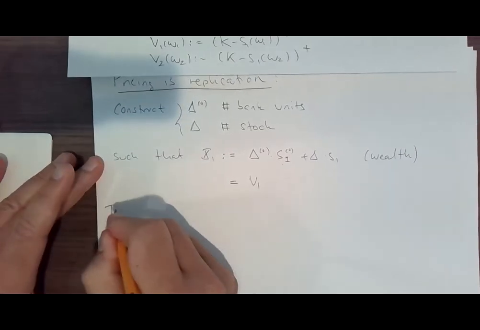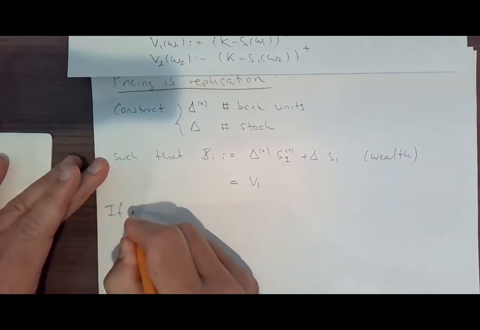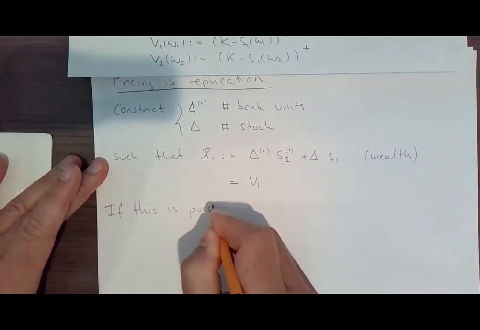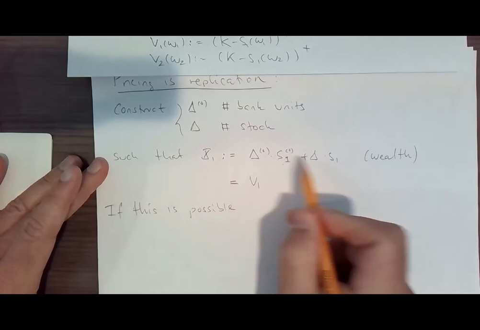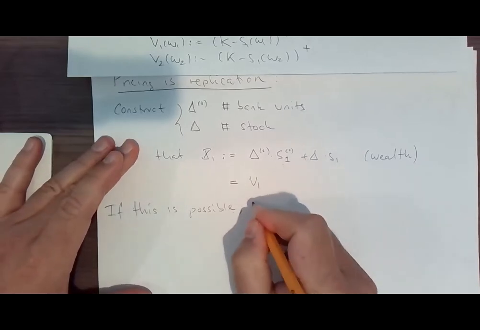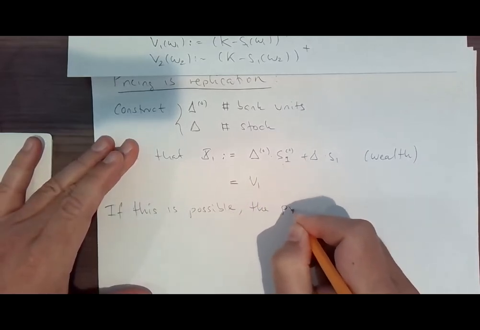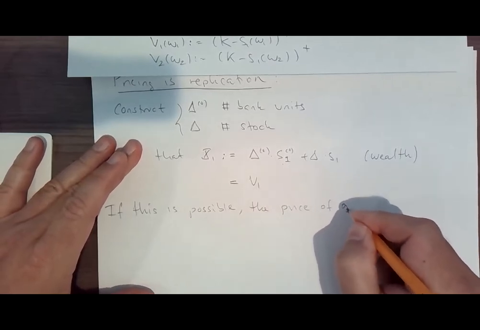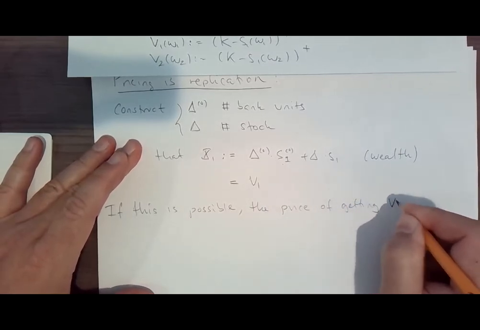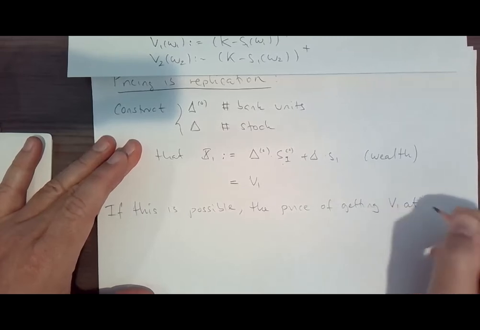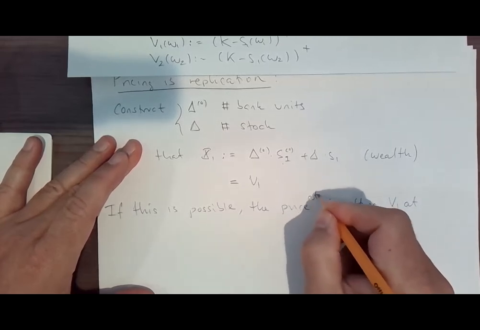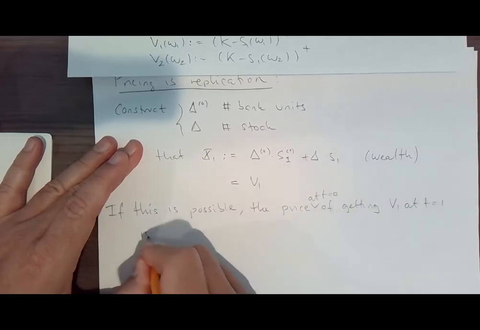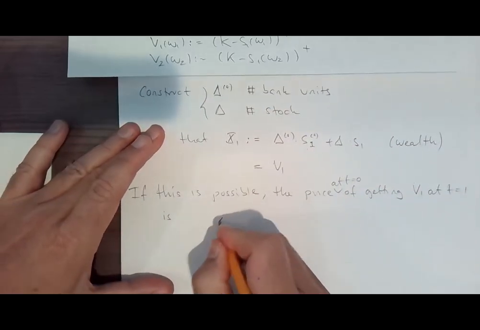then, if this is possible, if you can find such 2, the price at time 0 of getting V1 at time 1 is going to be the initial wealth.